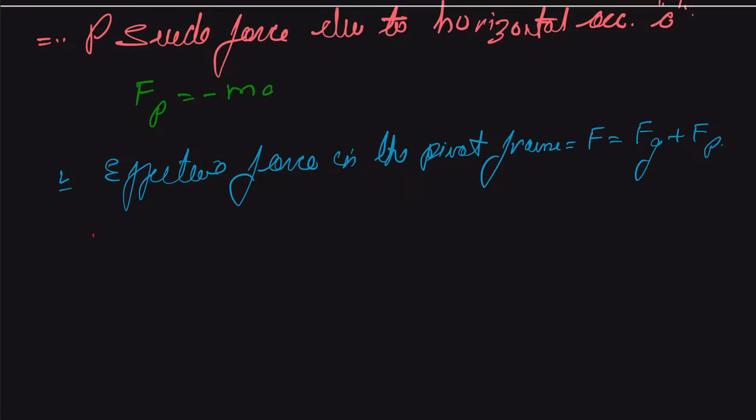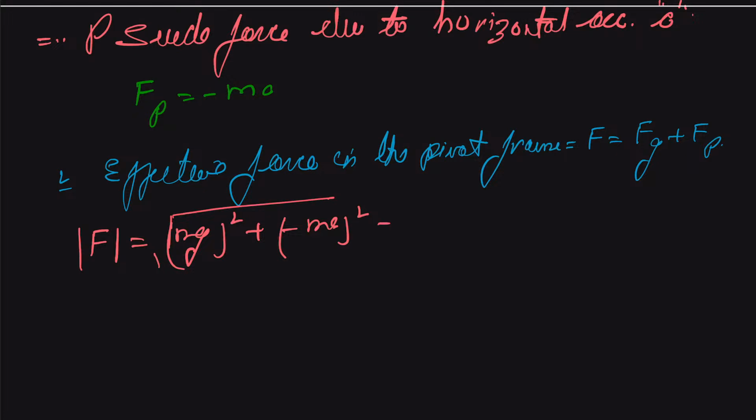So we can say that F magnitude, substituting the values, is the square root of (mg) square plus (minus ma) square. This comes as m square root of g square plus a square.